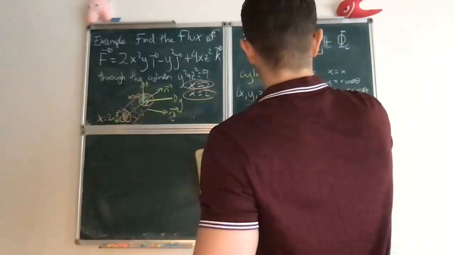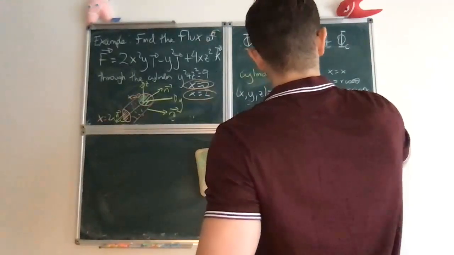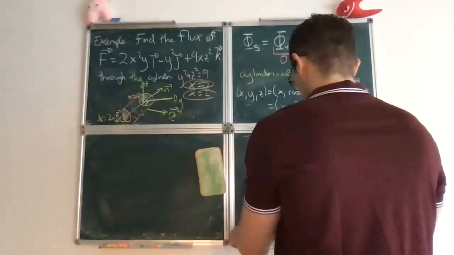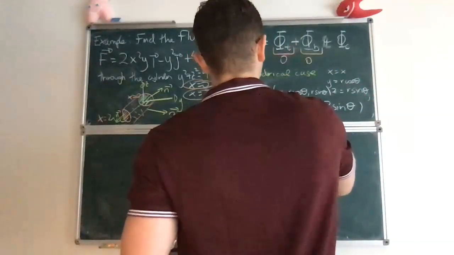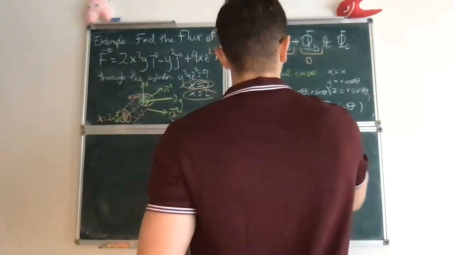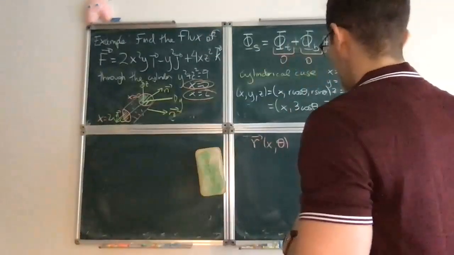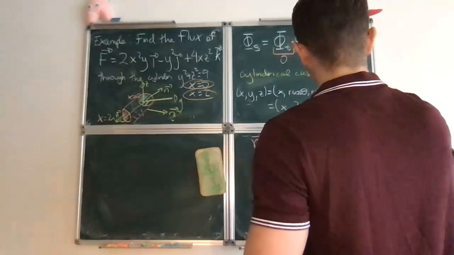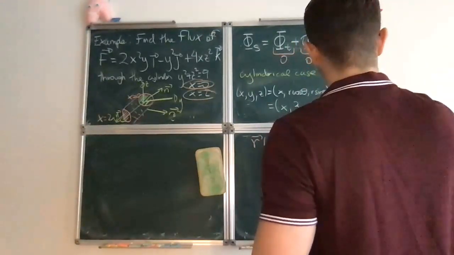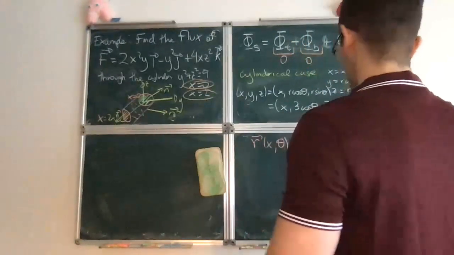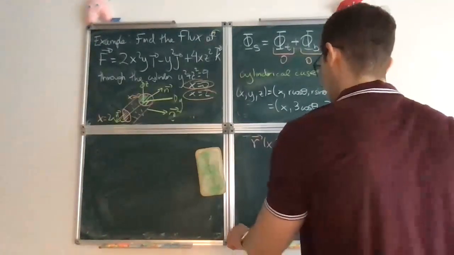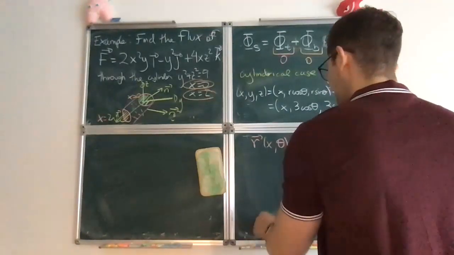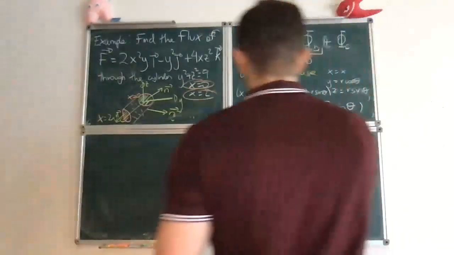So the parameterization for a point on the cylinder is in terms of x and theta, and that is of the form x, 3 cosine of theta, 3 sine of theta. And now, once we know this, remember that you have to find the partial derivatives of this position vector with respect to the two variables.